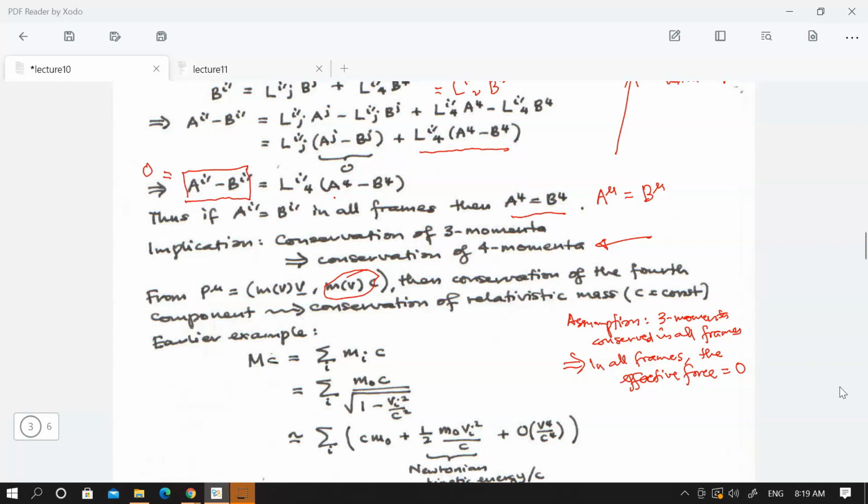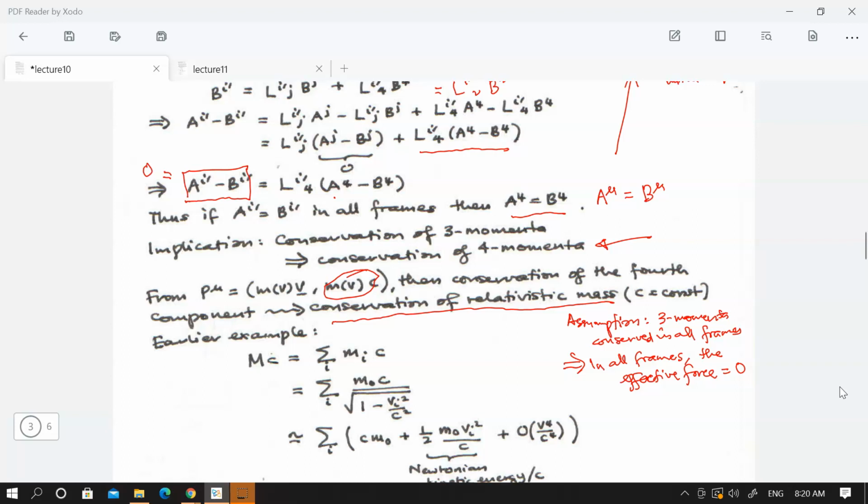But what does that tell us? That essentially tells us the conservation of relativistic mass, because your c is just a constant, and then this will be just your relativistic mass.